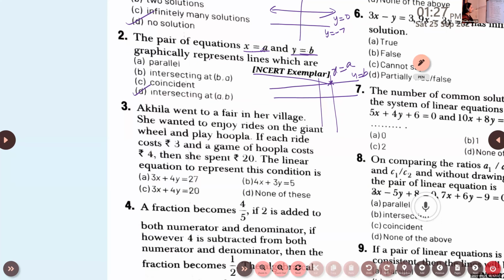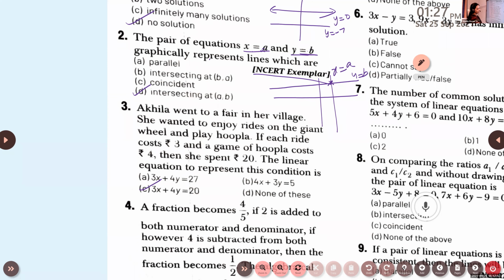If each ride costs ₹3 and a game of hoopla costs ₹5, then she spent ₹20. The linear equation to represent this condition is, what is the equation here? Option C. 3x plus 4y is equal to 20. Yes.